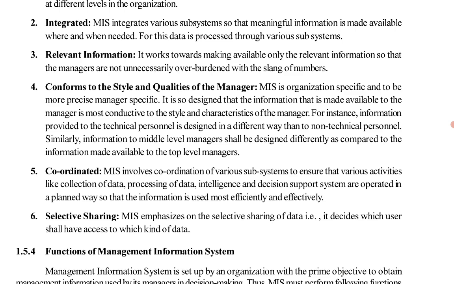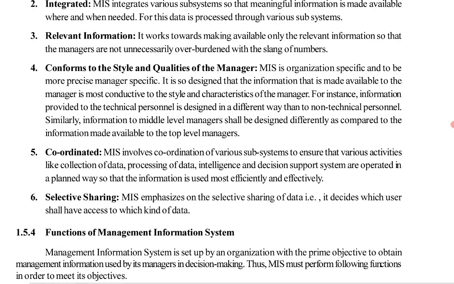So relevant information means the outputs or reports produced by the MIS are relevant to the problem, means only problem specific information required by the managers is produced. So fourth one is conforms to the style and quality of the manager, and fifth one is coordinated.